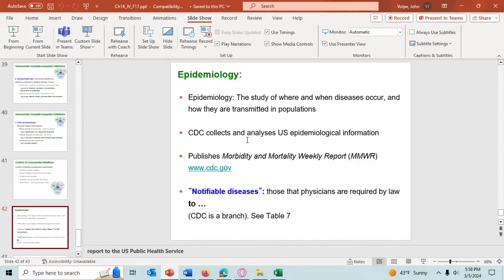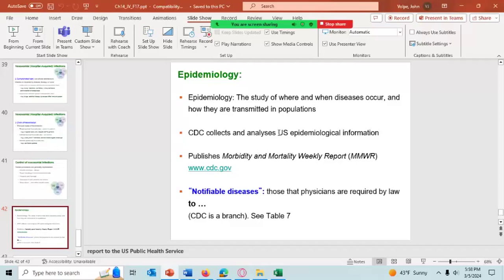I don't remember what you call them, but then they would send it into Salem, and then Salem would send it into the CDC. In Washington, I don't know where the state offices are. In Clark County, I'm sure they send it into Vancouver, and then they send it into the state offices, and then they send it into the CDC.